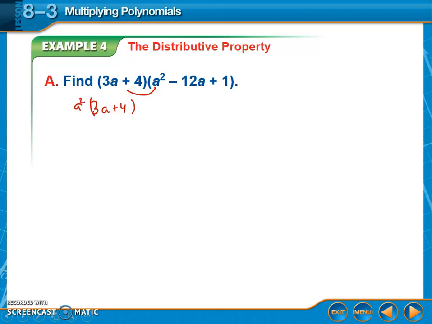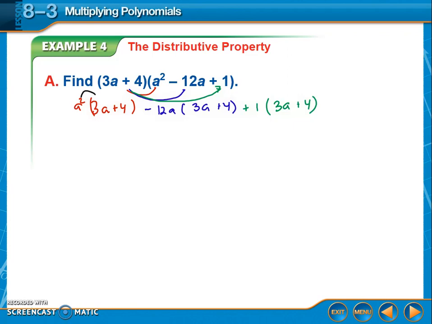And then I'm going to do 3a plus 4 times negative 12a. So I'm going to make that negative 12a times 3a plus 4. And then it's going to the last one times 1. So it's going to be plus 1 times 3a plus 4.